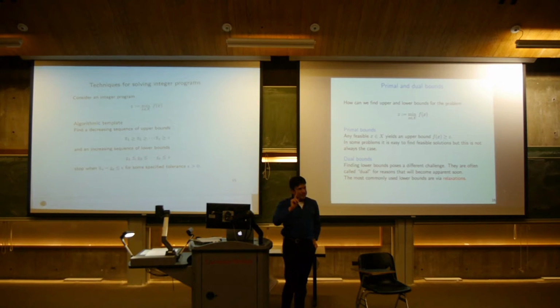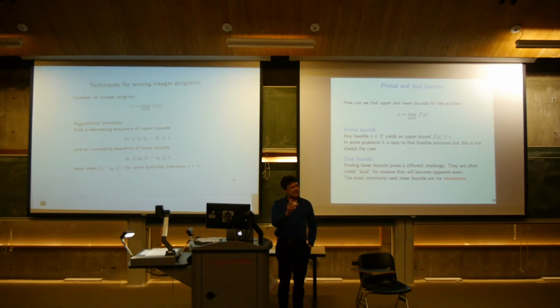Now, in some problems, it is easy to find an upper bound. For example, think about the best subset selection problem. If you just arbitrarily select the first k predictors and then solve the least squares, that will give you an upper bound. So that is an easy case.